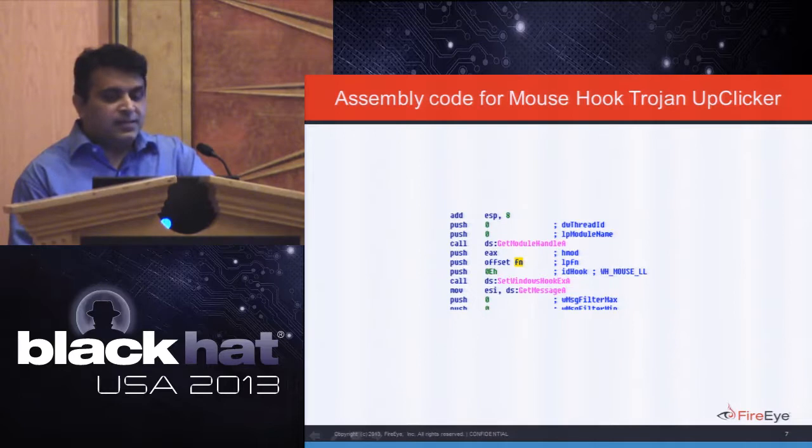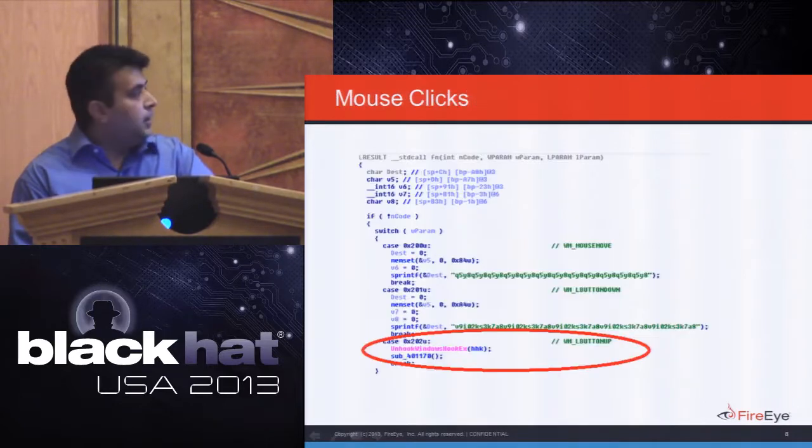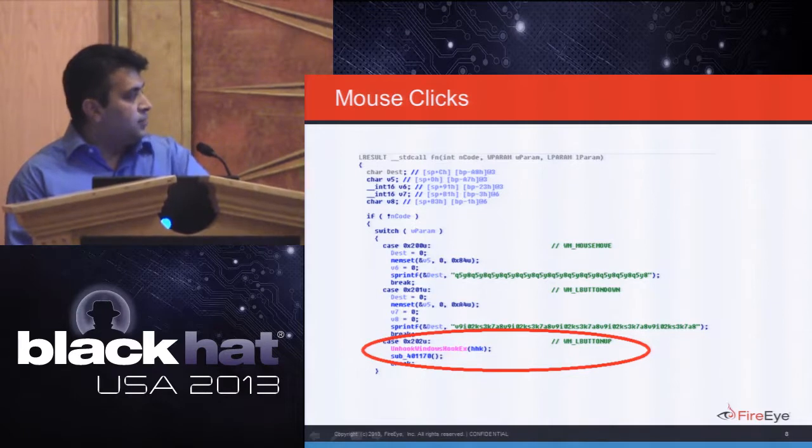By passing this parameter, it hooks to mouse activity, after which the code has a switch case. Only when the left mouse button is clicked up, it unhooks from mouse activity and makes a call to the malicious code.